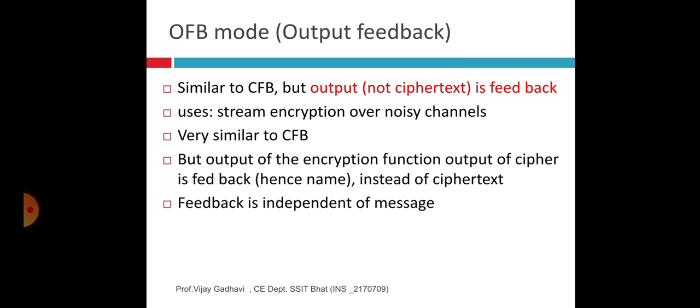It's similar to CFB, the same as CFB, but the output of the encryption function, the output of the cipher, is the feedback, hence the name, instead of ciphertext. Then the feedback is independent of the message.